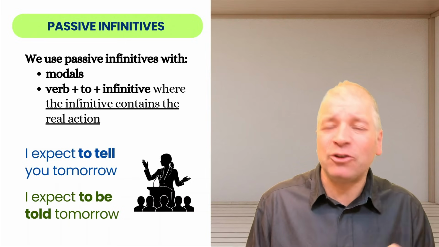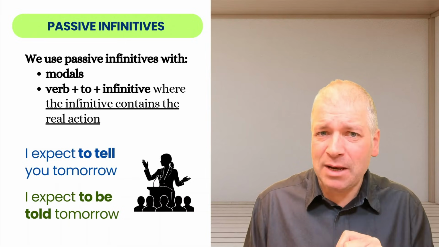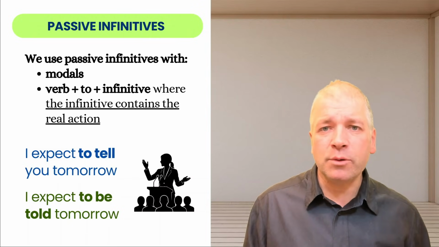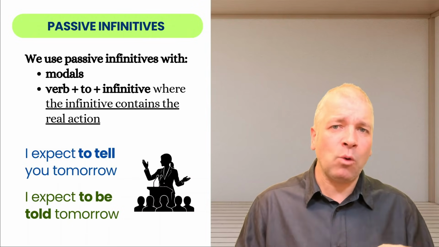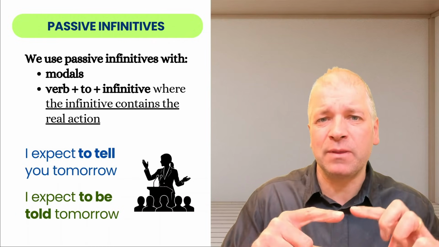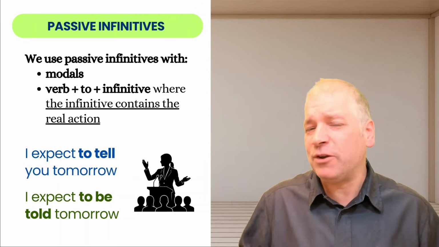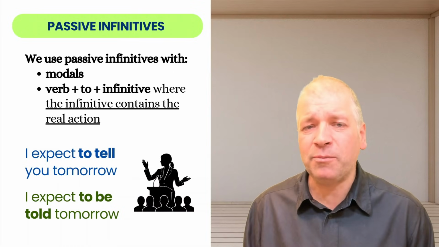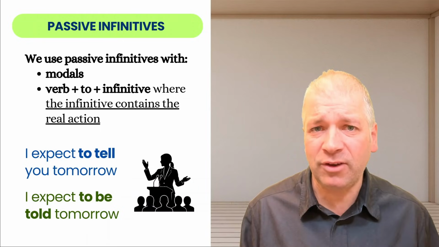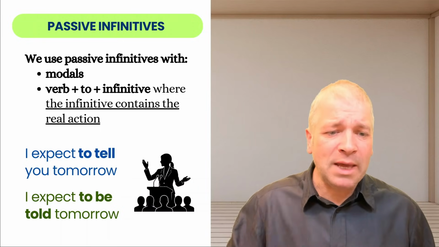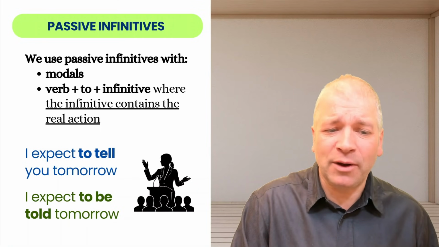If I say I expect to tell you tomorrow, that means I will tell someone else. So the key thing here is think about where the action actually happens in the sentence. That's the bit that you need to make passive. And if it just happens to be the to plus infinitive part where the real action is contained, then make that passive by using to, be, and then the past participle.